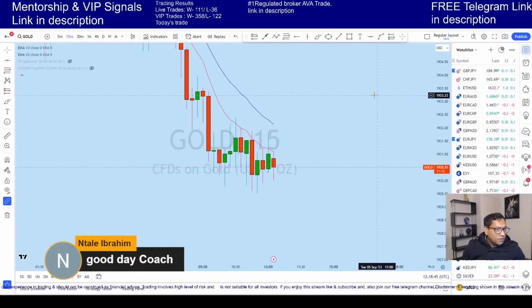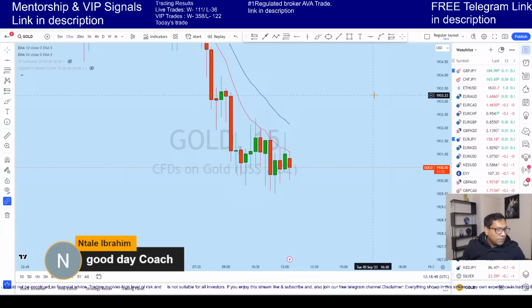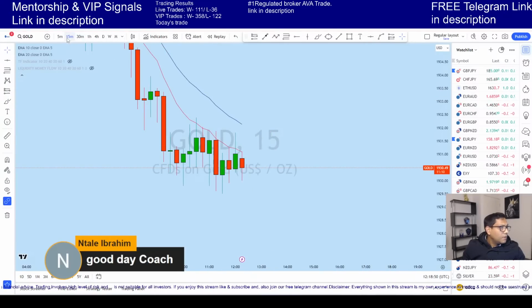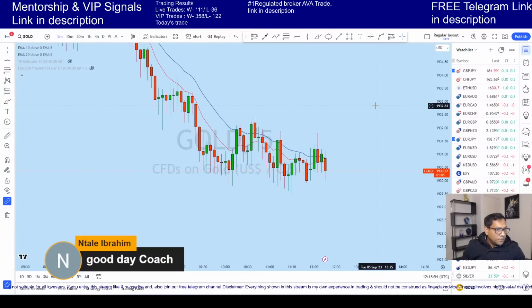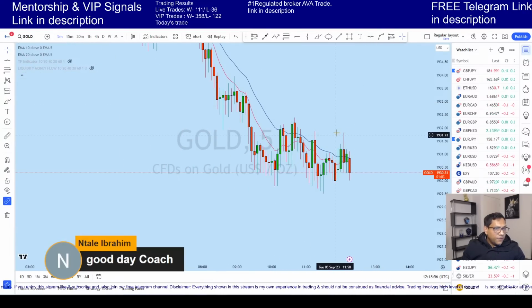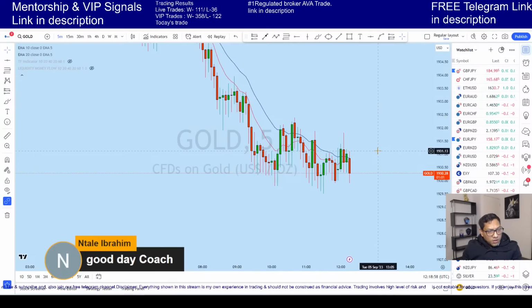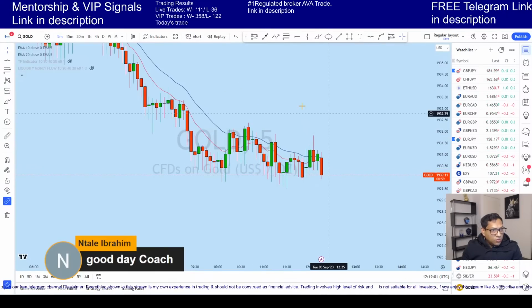Okay, you can see after creating a long wick candle, the price again coming down.